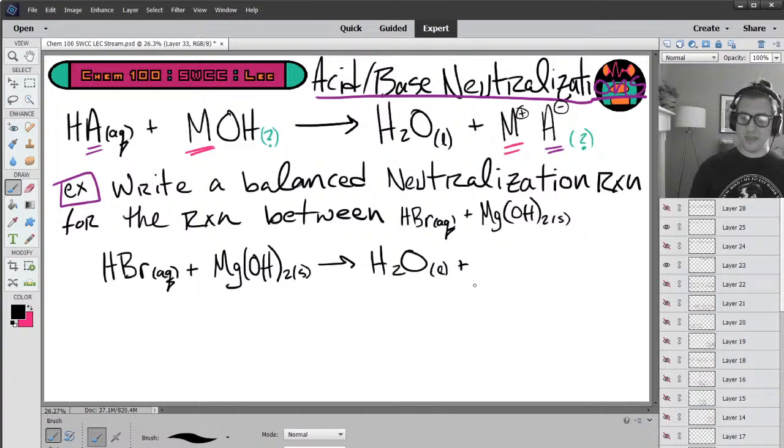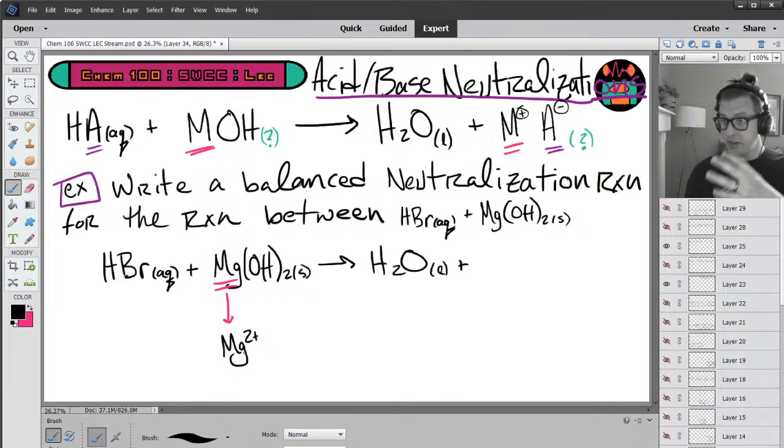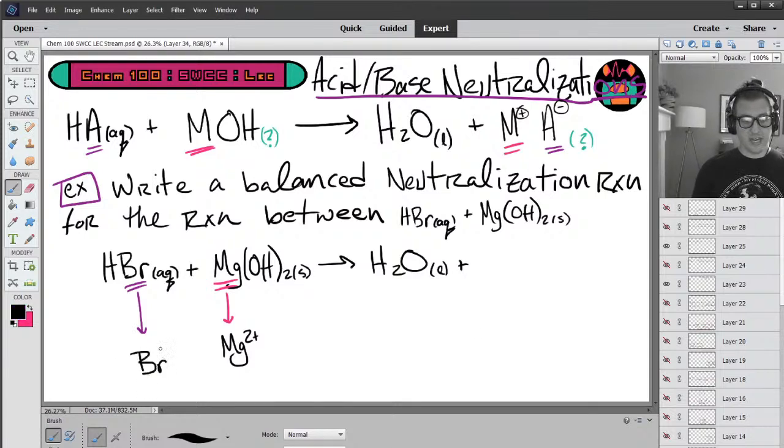Now we have to figure out that salt. All right, now the metal is magnesium, which when you figure out its charge from the periodic table, it's a charge of +2. The conjugate base, you lose one H. It'll leave behind a charge of -1.